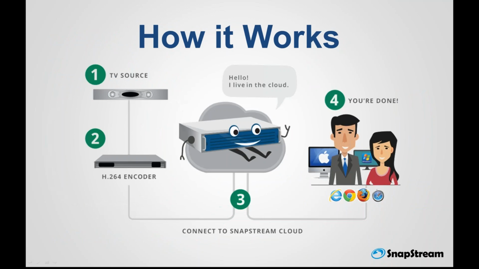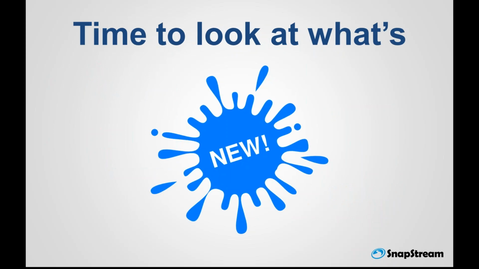Or SnapStream is now available on the cloud, where you take your TV source and then you stream it to the SnapStream cloud using an H.264 encoder, and your SnapStream cloud server can record those feeds, and all your users will then have access to SnapStream on the cloud. So it's now available as an appliance as well as a cloud service. So that's pretty much a quick rundown of what SnapStream is.